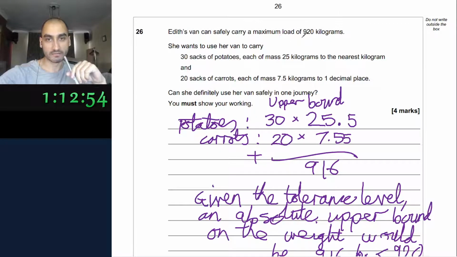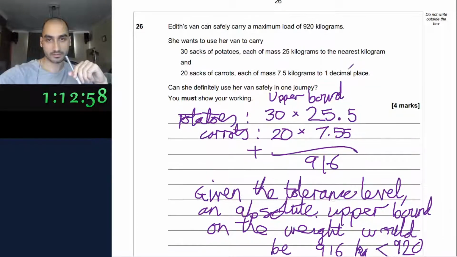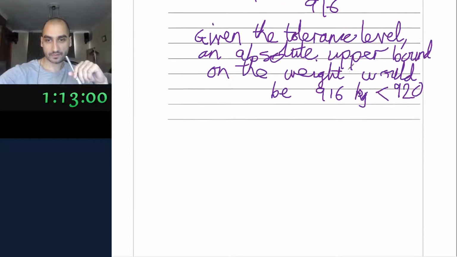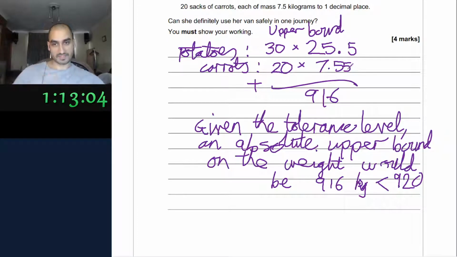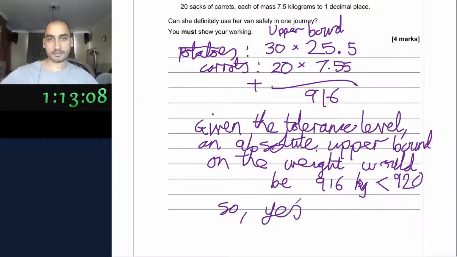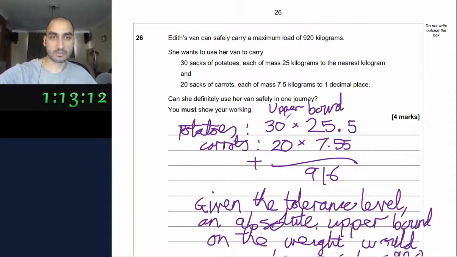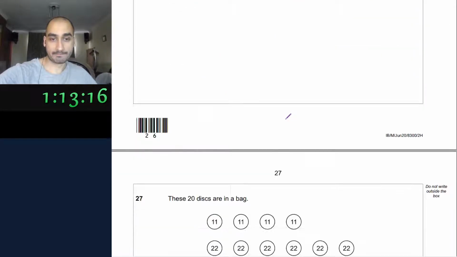I think load implies what you put in the back, so... Oh, we have to say the answer. So... yes. But, I mean, it would matter, wouldn't it, what Edith's weight is.